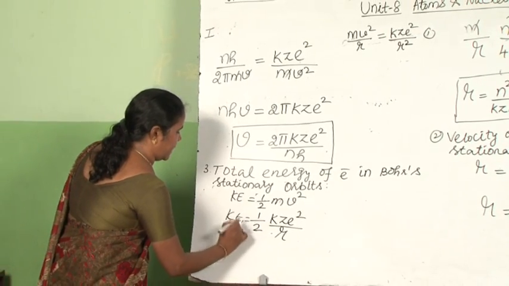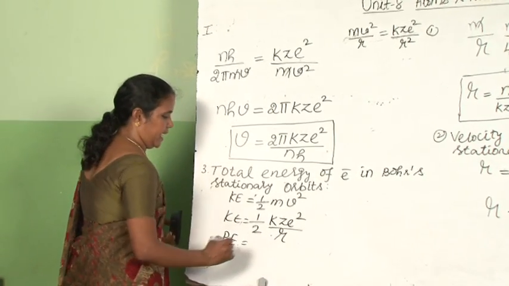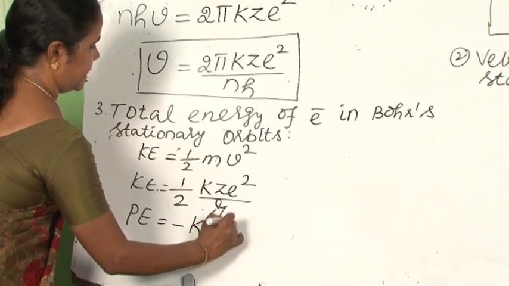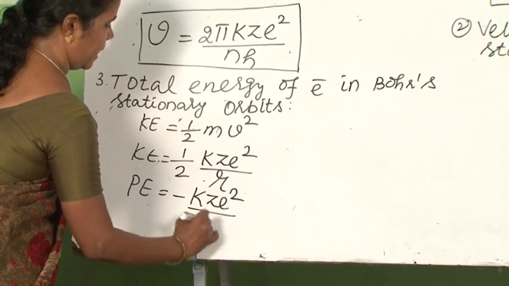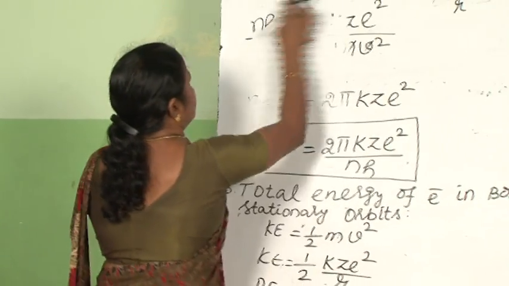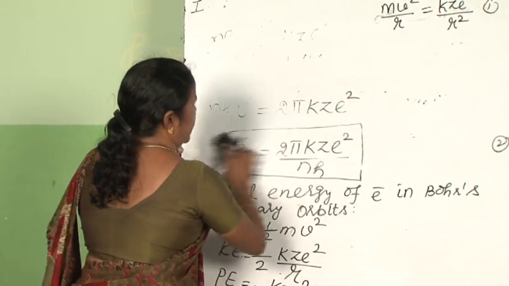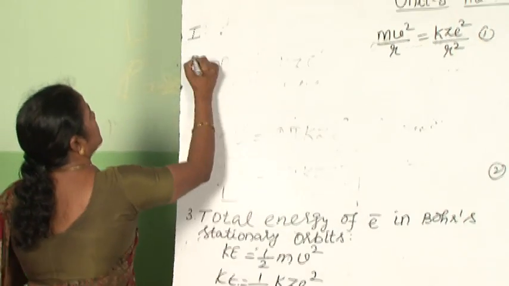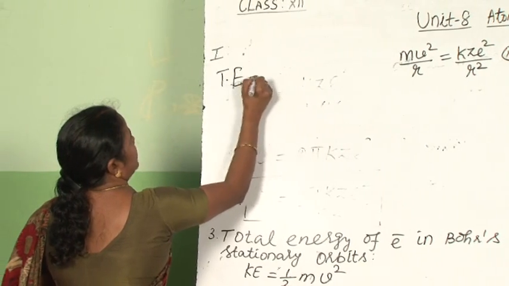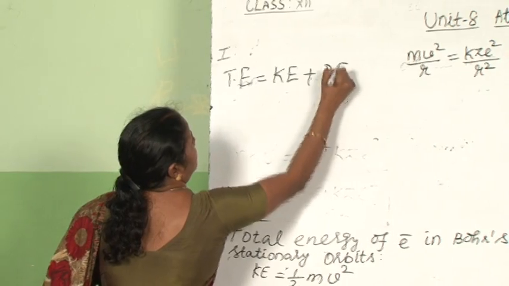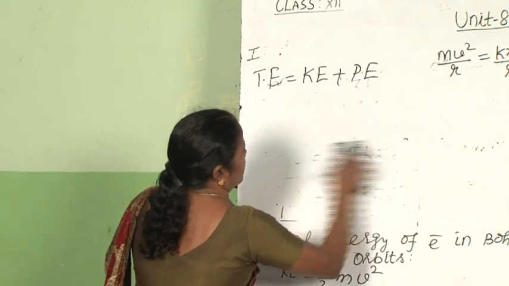Potential energy of the electron is minus k z e square by r. Now the total energy of the electron is the sum of kinetic energy and potential energy.